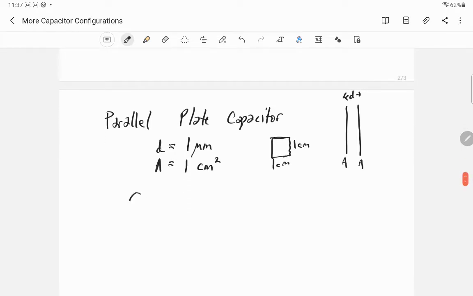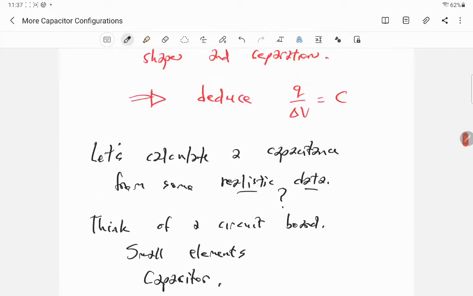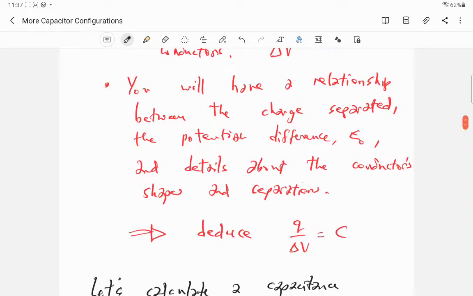And the capacitance that we got before had the area on the top, the distance on the bottom, and epsilon naught. So remember that capacitors are going to have epsilon naught in them, and then details about the conductor's shapes and separations.